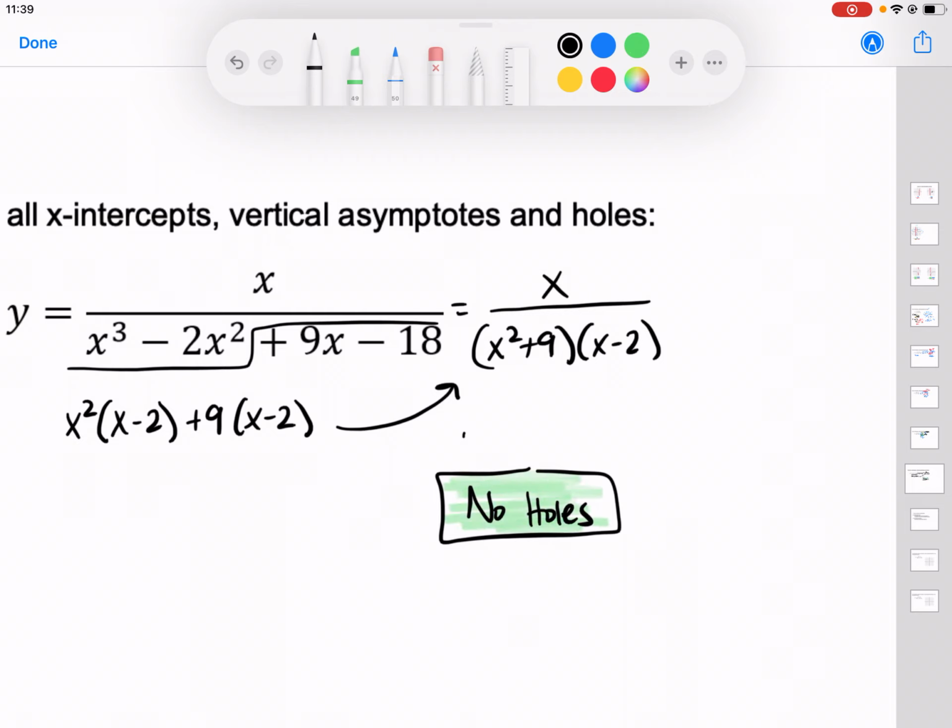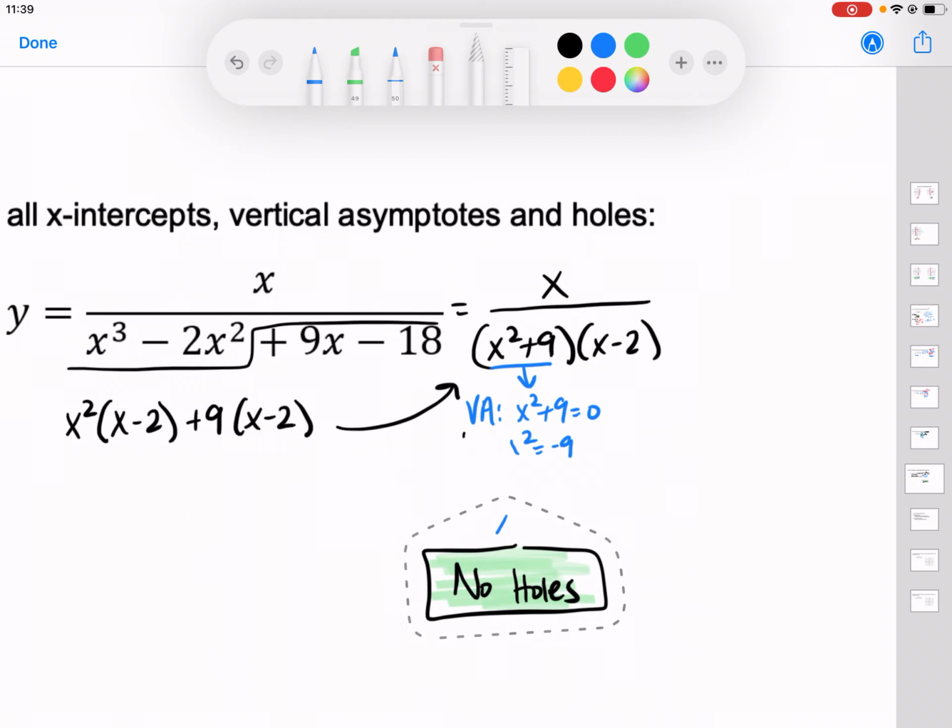And then let's go to vertical asymptote. Now this one's tricky, x squared plus 9. If you set that equal to 0 and try to solve for x, you get an imaginary number because you'll take the square root and it ends up being imaginary.